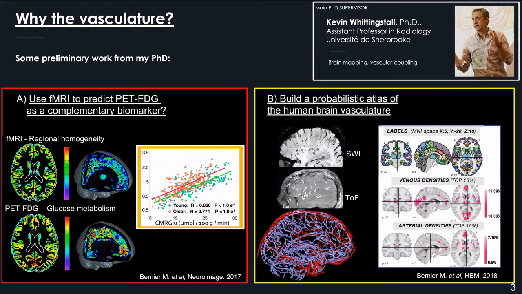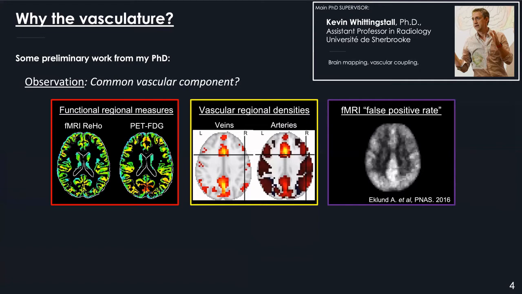And this gave us maps that we could compare to the previous study. Looking at the vascular densities, the glucose metabolism and the fMRI amplitude or ALFF, we saw that the regions that had a high metabolism were also the regions that had a lot of vascular density.